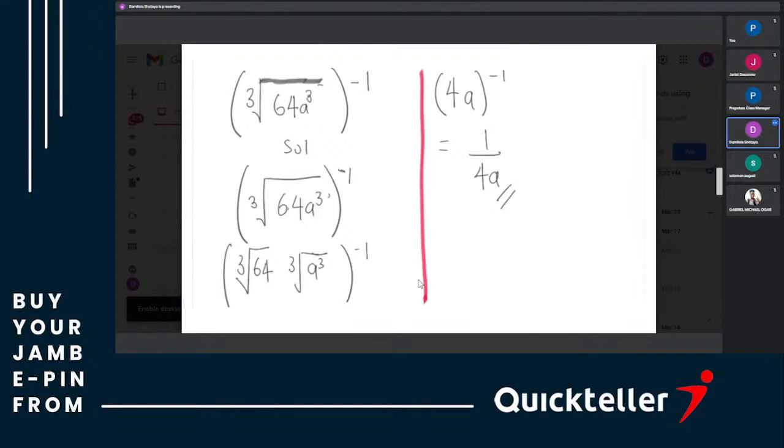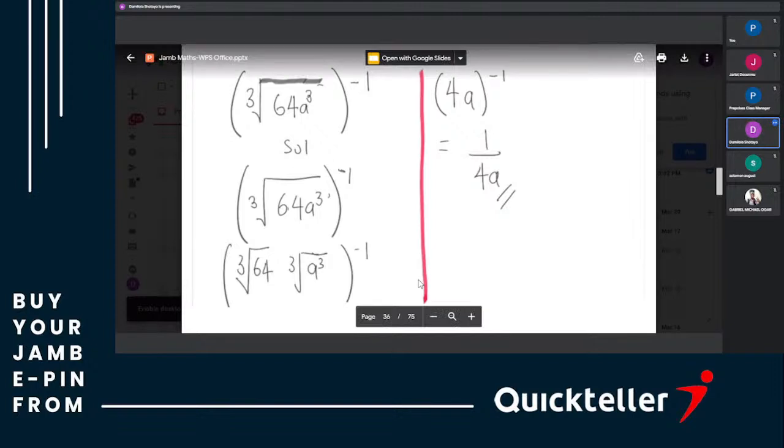Suppose this answer was 4A in bracket raised to power minus 2. What will I do? Take note, minus means 1 over. It will still be 1 over. But the 2 now needs to come on each of them one by one. That will give me 4 raised to power 2, A raised to power 2. 4 raised to power 2 is 4 times 4, not 8, not 4 times 2.